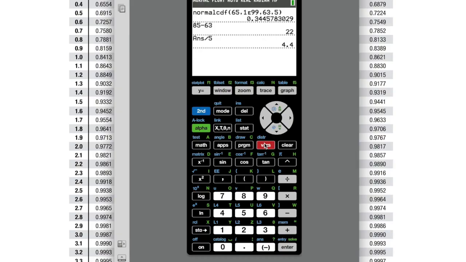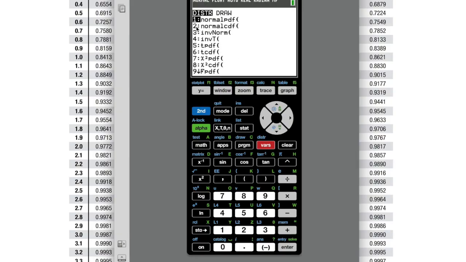The DISTR button accesses the distribution list, and we're going to access option number 2. Since our lower limit in this case is negative infinity, we want to go all the way to the left. So we're going to do negative 1e99. Our upper limit is 85. We want to look for everything less than 85.